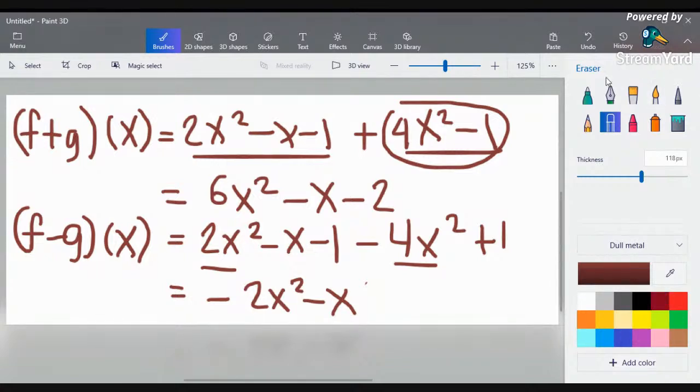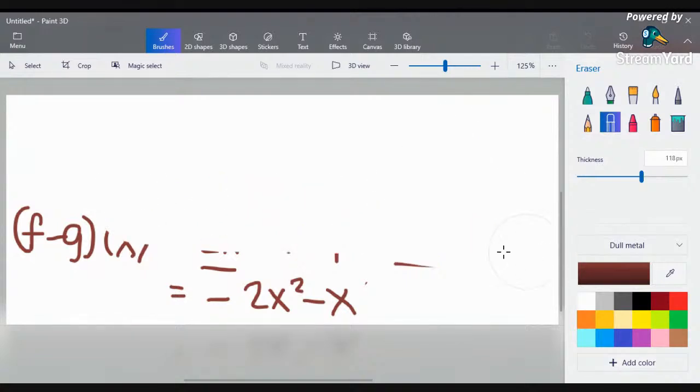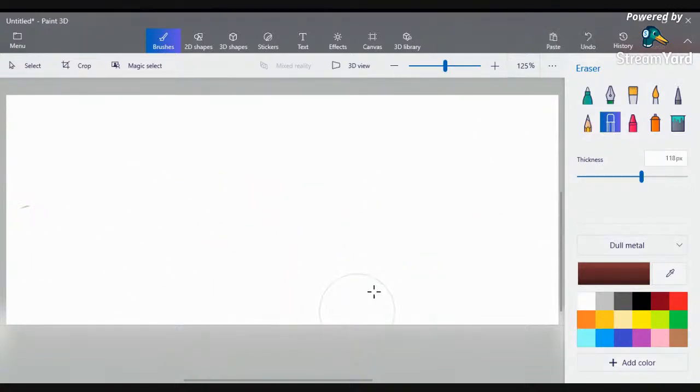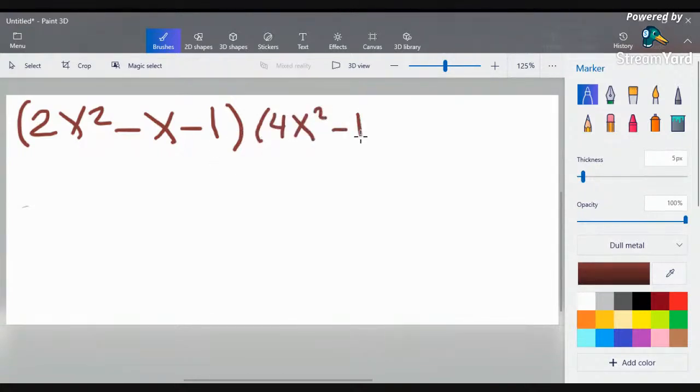Okay, let's proceed to f times g. F times g of x. So, we have 2x squared minus x minus 1 multiplied by 4x squared minus 1.